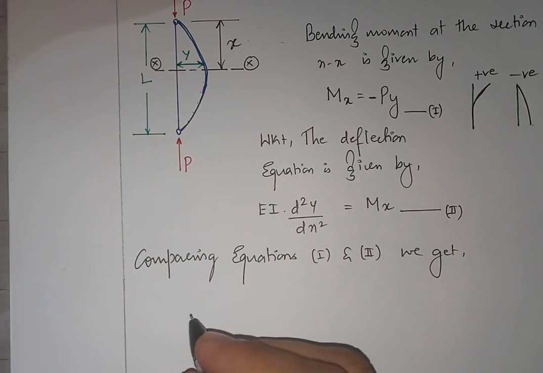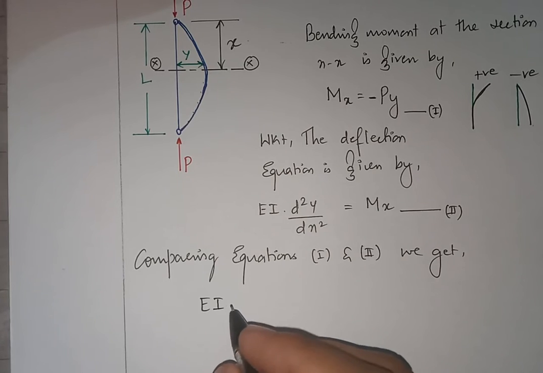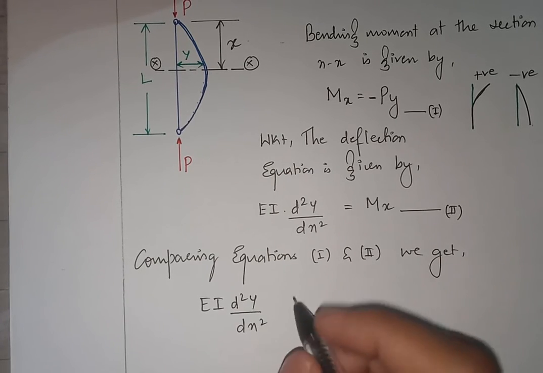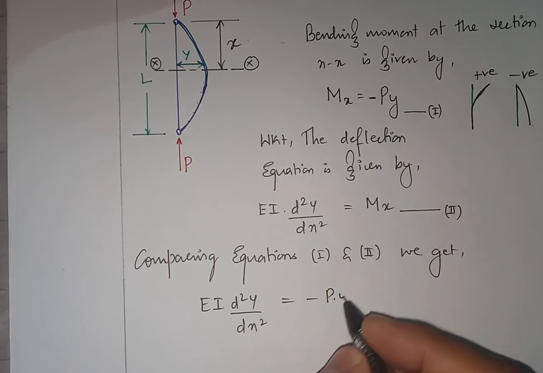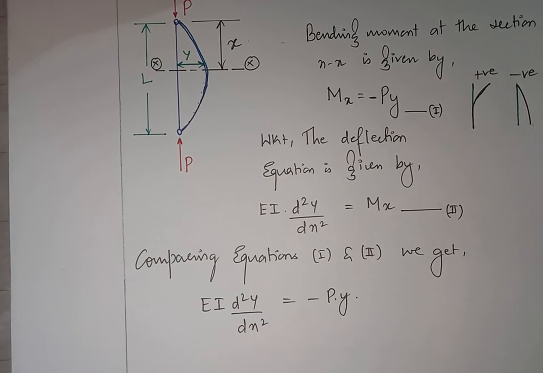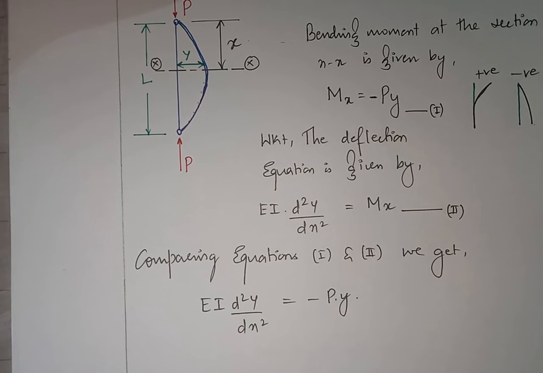So what I'll be getting here is E into I d square y by dx square is equal to minus P into y, right? Since both the LHS were equal, that is the reason I have also equated the other side.